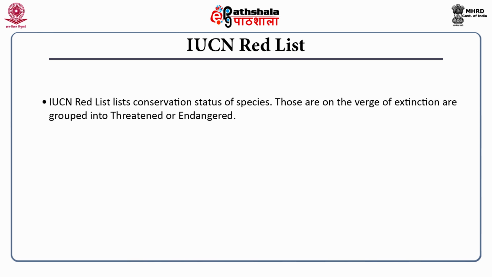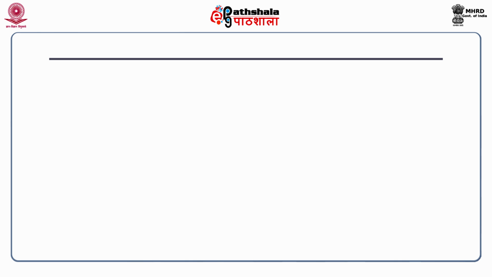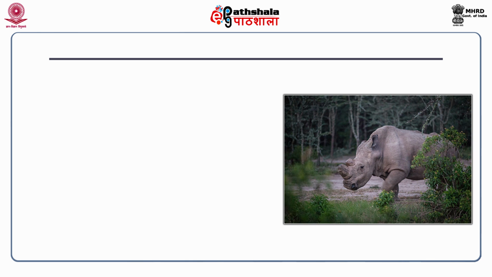Those that are on the verge of extinction are grouped into threatened or endangered. So, these species are in imminent threat of extinction. Some species have gone extinct in the wild. Only surviving members of those species can be seen in the zoo or botanical garden, the so-called ex situ conservation. So, those species are called extinct in the wild.